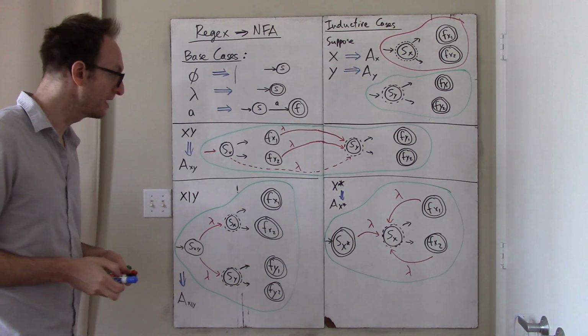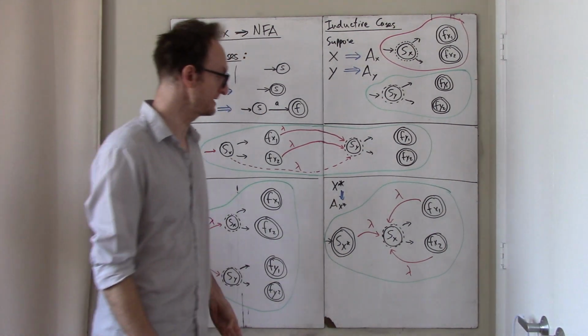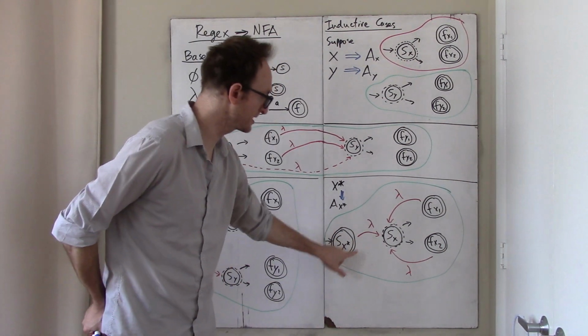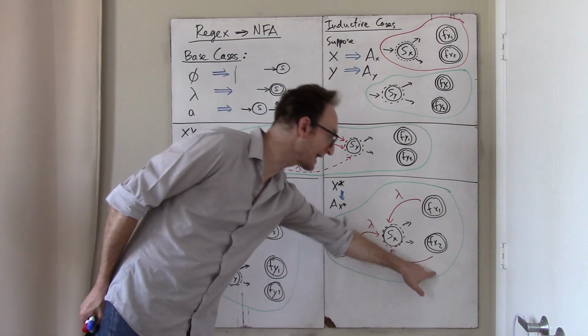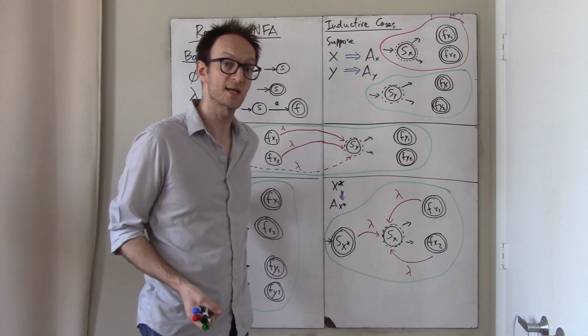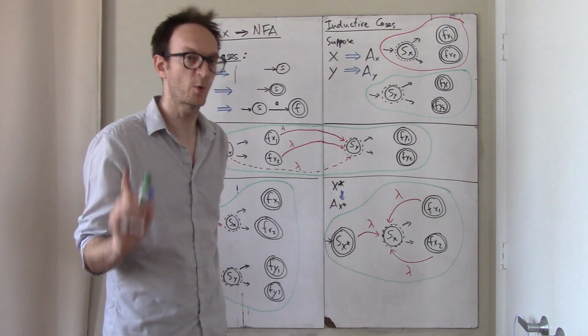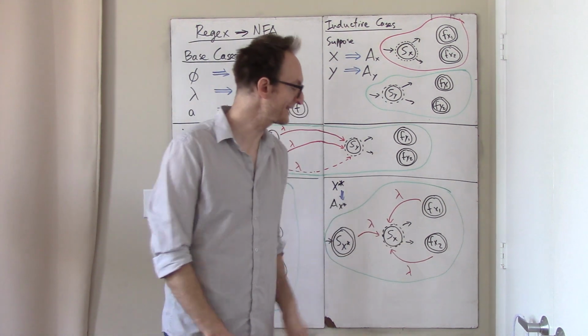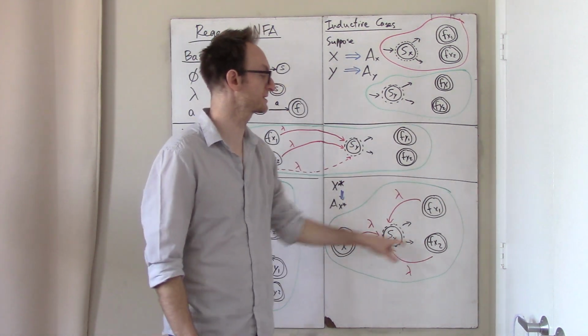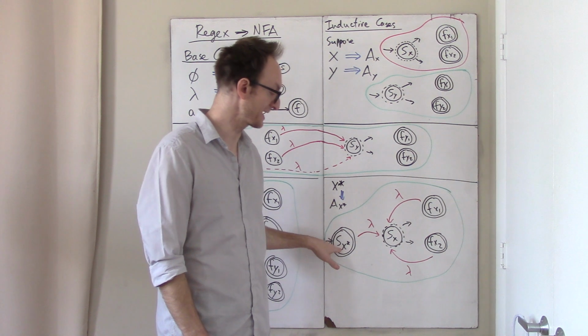The one thing I'll say here is that this is the subtle part: the creation of a new machine and then a lambda back here. Gossett, incorrectly, though it's quite subtle, has us add lambda transitions from the accept states to this state.